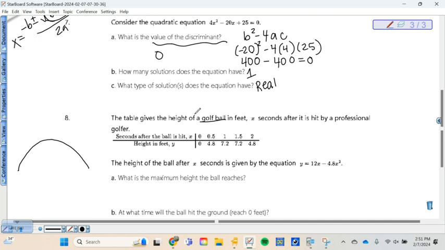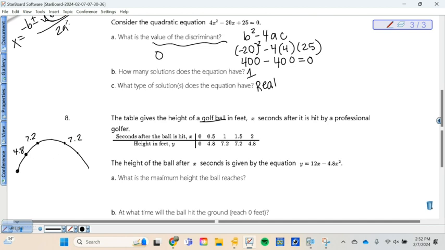Okay, so I've got this golf ball, and at 0 seconds, it's at 0 feet. And then after half a second, it's going up to 4.8 feet. And then after 1 second, it's up to 7.2 feet. And then after 1.5 seconds, it's back to 7.2 feet.